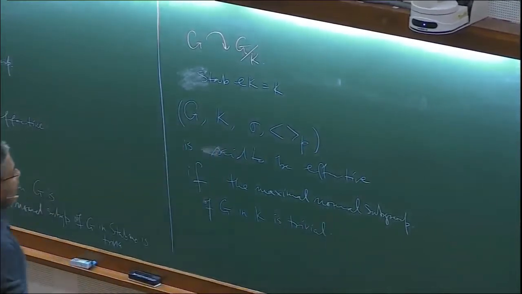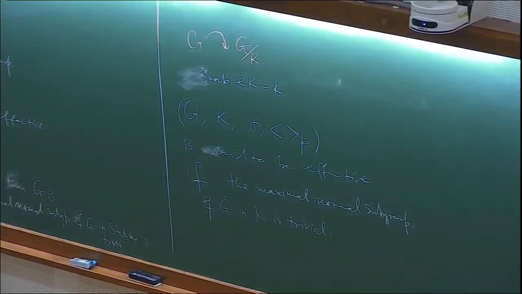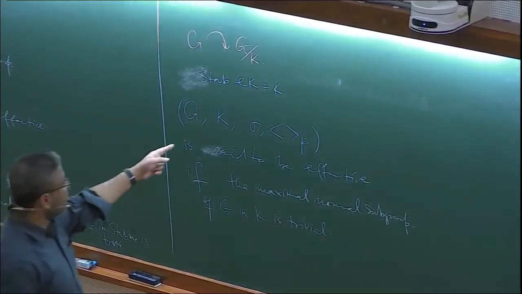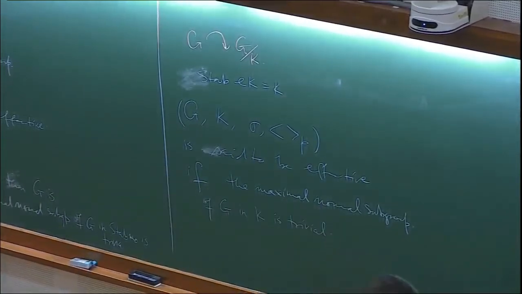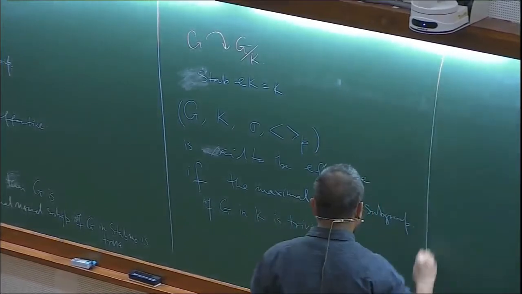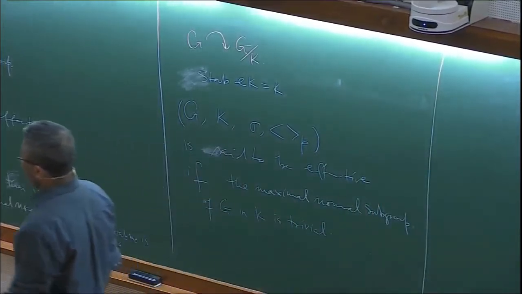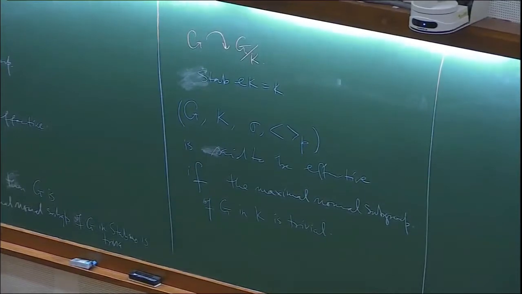If you start with a Riemannian symmetric pair and go modulo the kernel of this action, then you land up in the same symmetric space. So there is no harm in assuming from the beginning that we start with an effective Riemannian symmetric pair. From now on, our symmetric pair is going to be an effective symmetric pair.